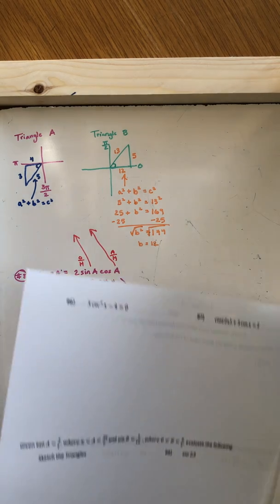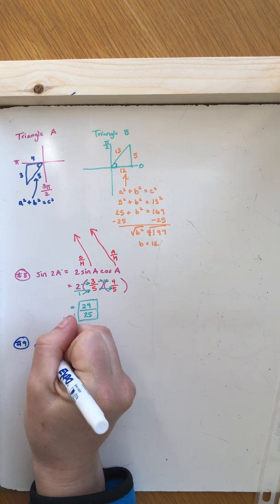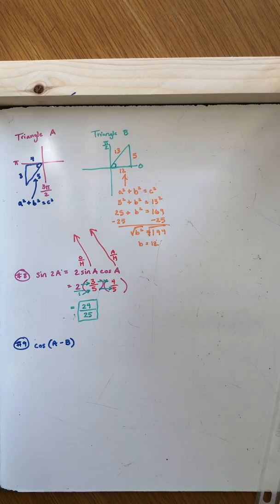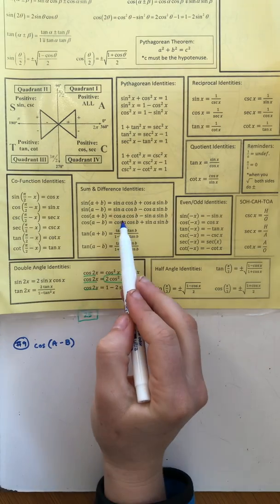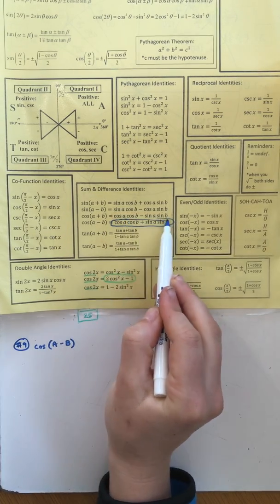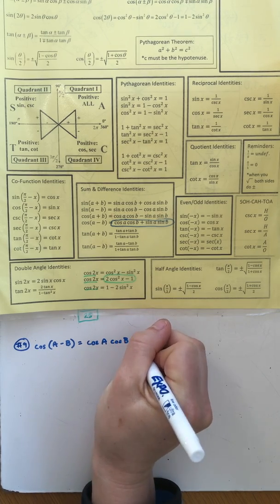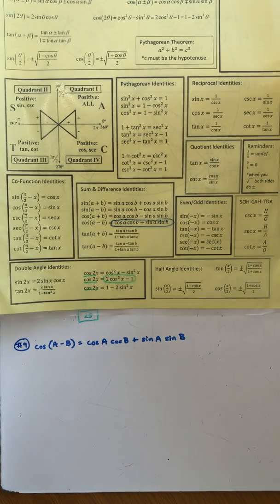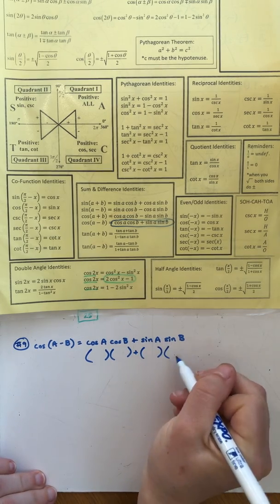For number 9, I have the cosine of A minus B. So I'm going to use my formula sheet to write down that cosine of A minus B. It's this one here. Cosine A, cosine B, plus sine A, sine B. I'm going to set up my parentheses since I know I am plugging in values.